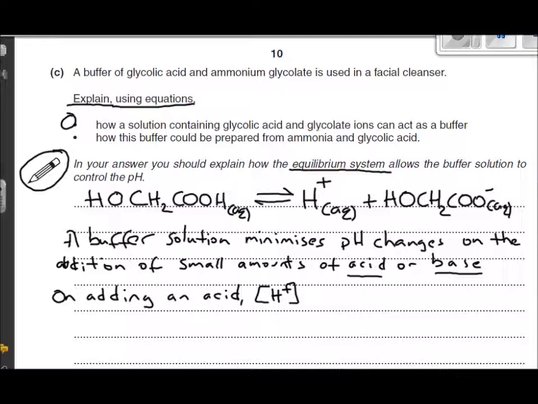So if we increase the concentration of H+, by Le Chatelier the equilibrium will shift to the left, and so it will remove the H+ and prevent pH from changing significantly. So on adding acid, H+ increases. Equilibrium shifts to the left.